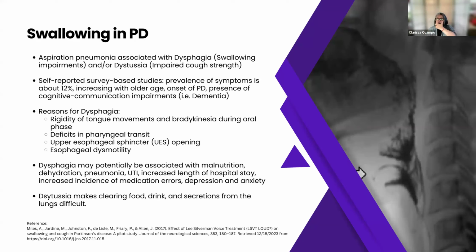So the larynx has to go up and it has to go over. And that movement is all very muscular. When there is rigidity or dyskinesia, chances are that larynx is probably going up and down, but it's not able to go over, like it's not able to do that anterior excursion, what we call. So it's not really completing the swallow.